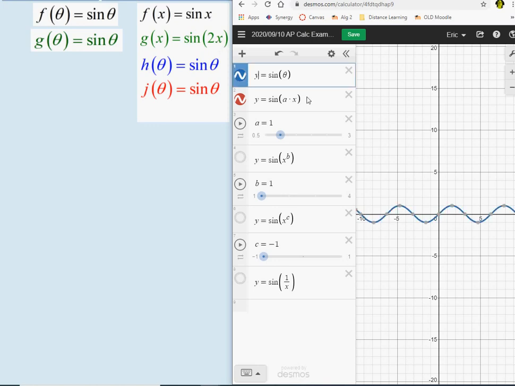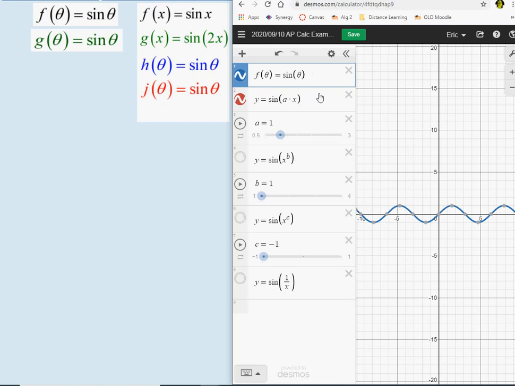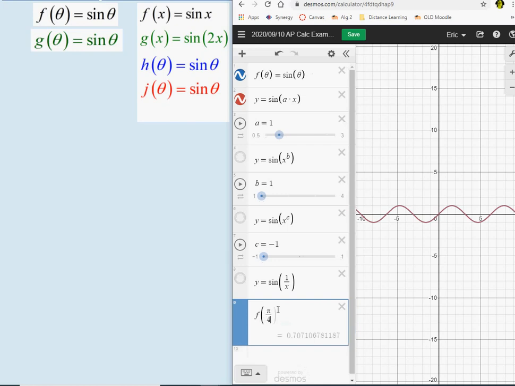Like if I made this, for example, f of theta instead of y, I could go down here and say f of pi fourths, and there's a decimal representation. What's it telling me? What's an exact answer to that?